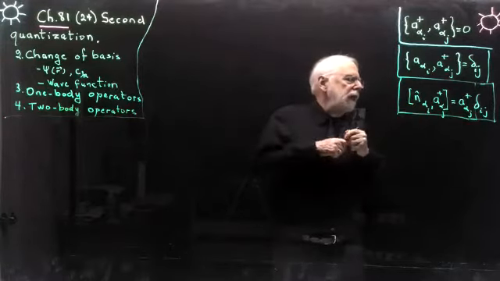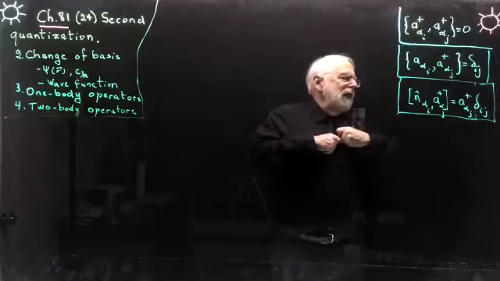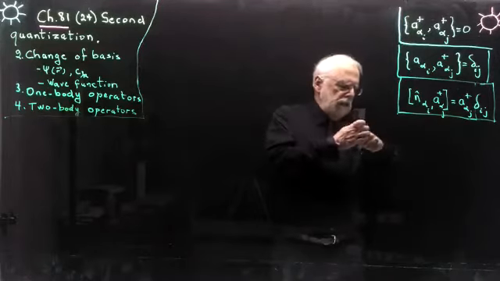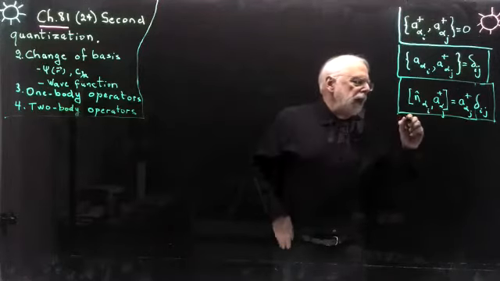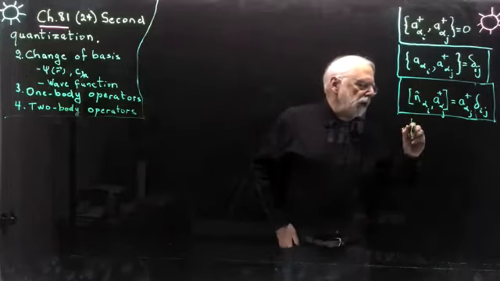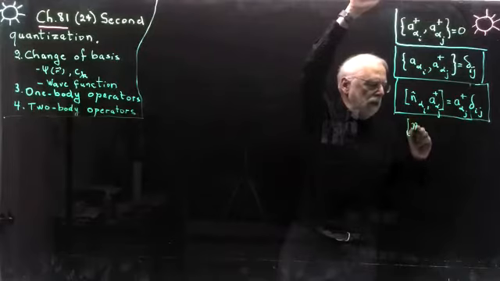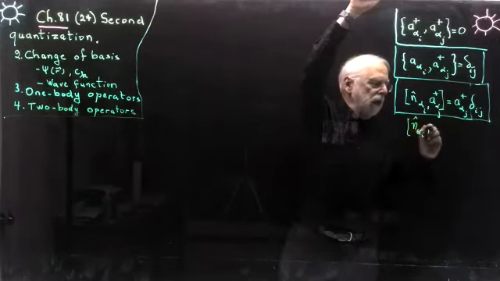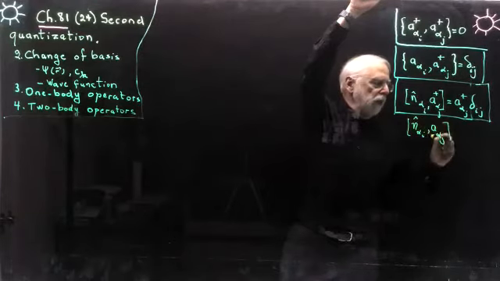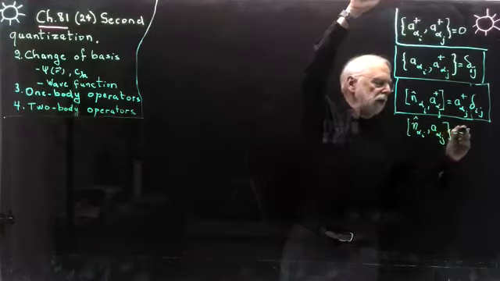Okay, so you see that if I take the adjoint of this, then I will get that n alpha I times the destruction operator alpha j commutator is equal to minus a alpha j delta ij.